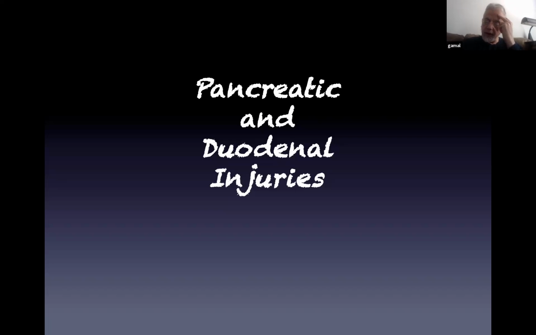Now, you do get the plain film, you don't find anything in the chest. You send the labs. Do you expect any abnormality on the labs here, even if there is pancreatic injury? I can see maybe serum amylase or serum lipase, but sometimes it would be in the normal range, even if there's a severe injury.